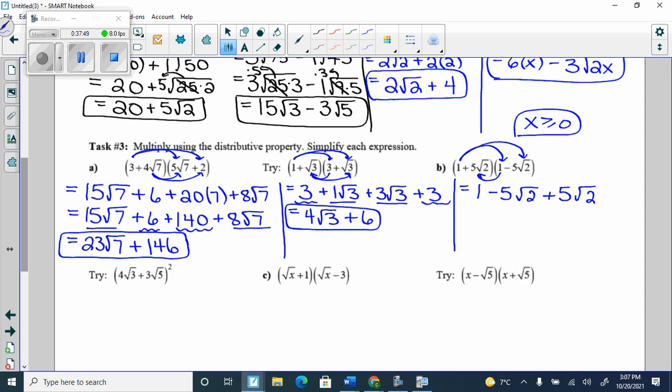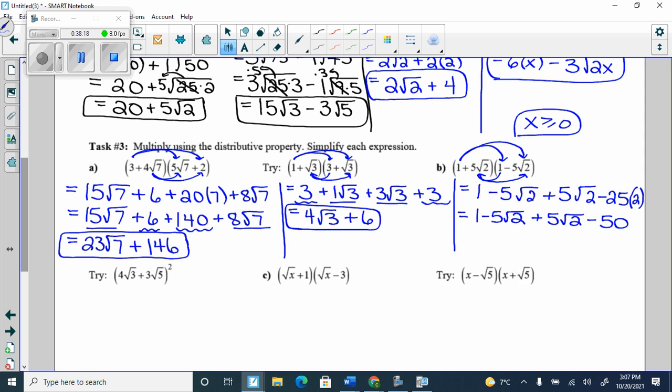And then last terms. 5 times negative 5 is negative 25. Root 2 times root 2 is 2 in brackets. So now I get 1 minus 5 root 2 plus 5 root 2 minus 50.